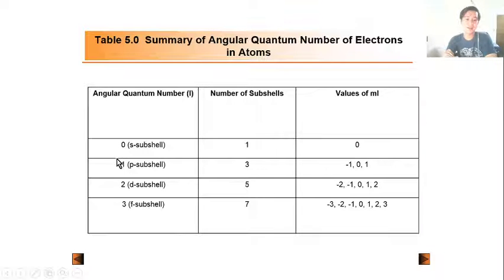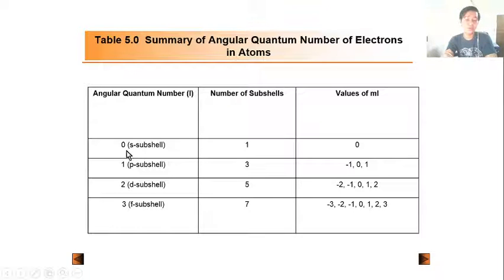If the value of L is 1, that means the values of M sub L go from negative L to 0 to positive L, so that would be negative 1, 0, positive 1. If it's 2, it's negative 2, negative 1, 0, positive 1, positive 2. And if the value of L is 3, that is negative 3, negative 2, negative 1, 0, 1, 2, 3.